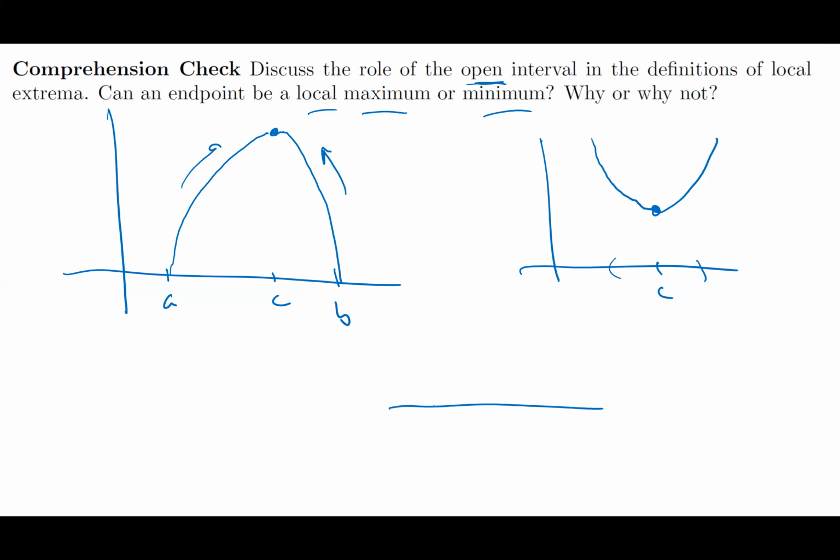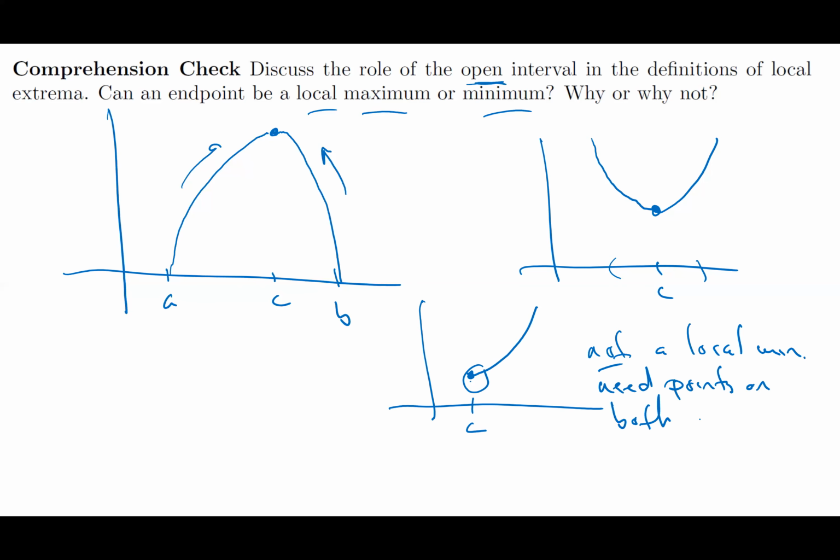Would I call this point here a local min? No, it's not a local minimum, because you need points on both sides. You have to be able to approach it from both directions. Okay? All right.